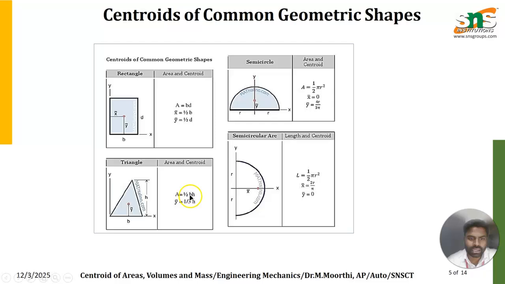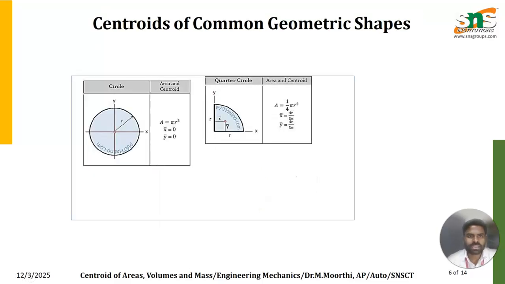And for a triangle, the area is half b h, y bar is 1 by 3 into h, and x bar is b by 2. And for the semicircle, if the base is in the opposite direction, the formula will be different. Then the centroid for a circle is considered as the midpoint of the circle. If you take radius r, x bar is the radius and y bar is the radius.